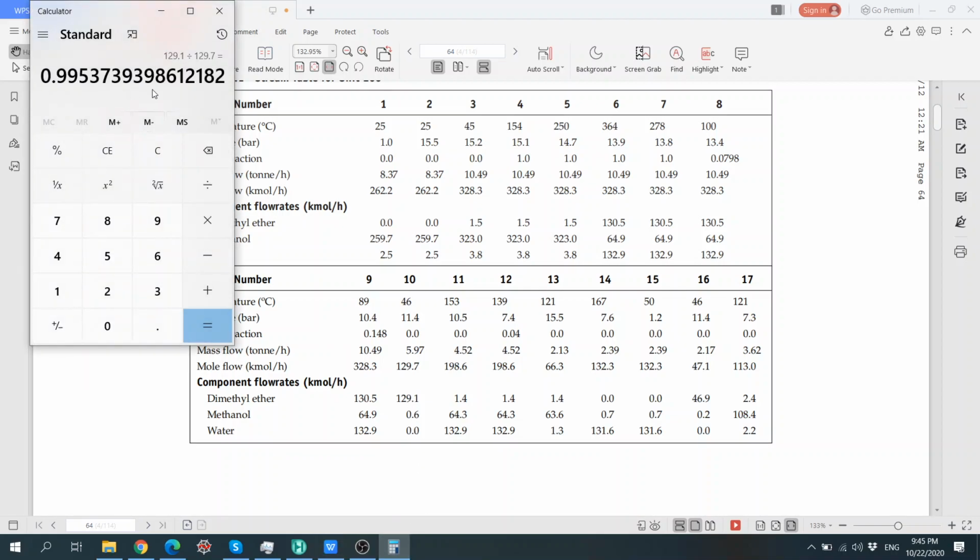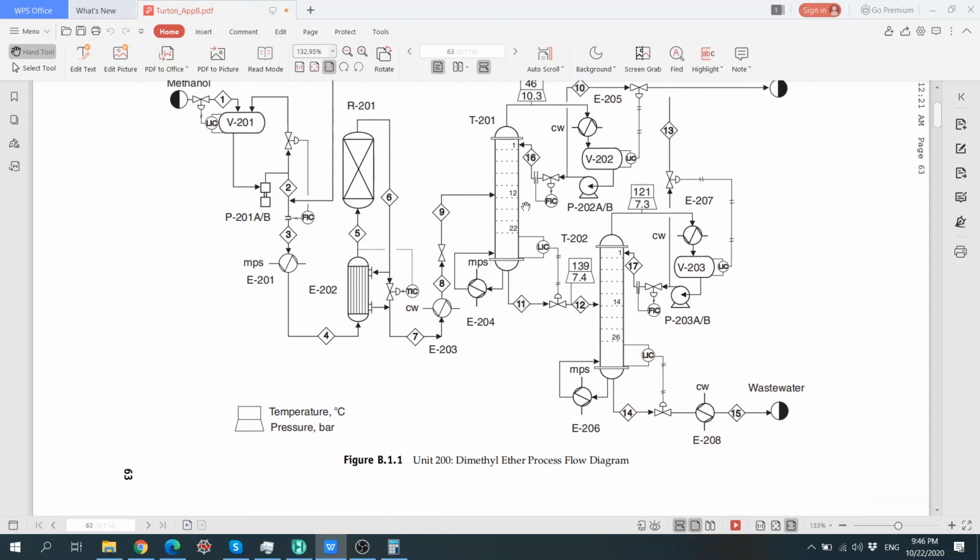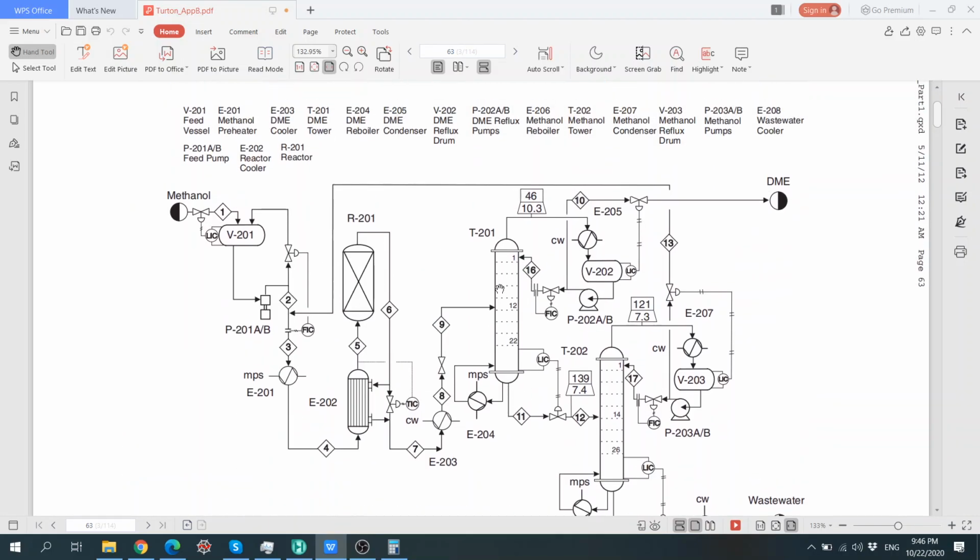So we can see 129.1 divided by 130.5 is about 99%. So 99% of DME we are going to recover. Remember these numbers, yeah? We are going to recover 99% of DME coming from stream 9, and the purity of that DME itself is about 99.5%. So these two parameters are our keys to design or to simulate this distillation column.